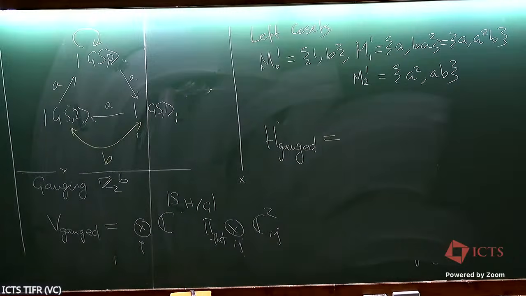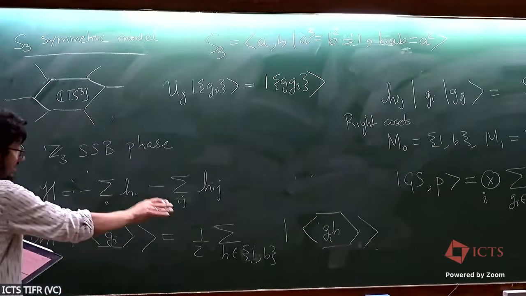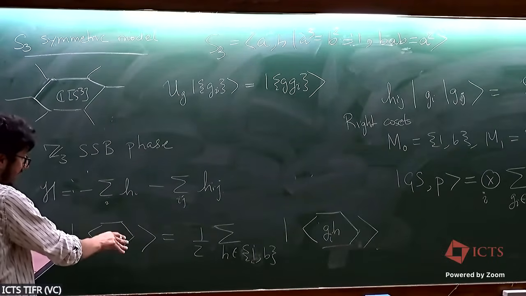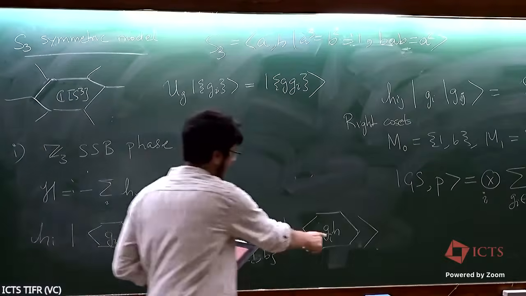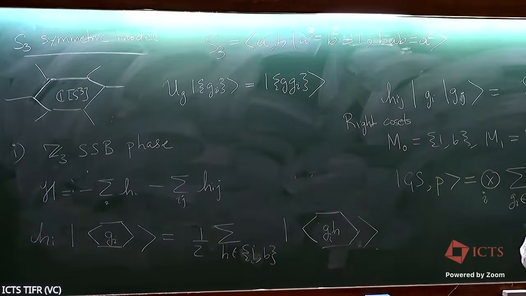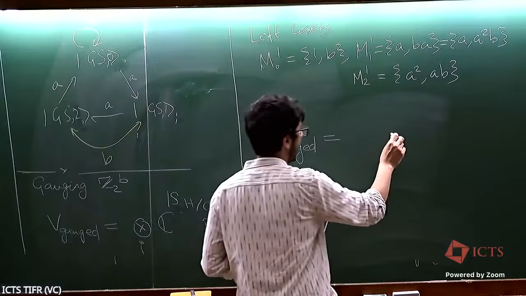So this operator just acts with the B. It's a right action of B. The group A, Z2B, and one can see that.